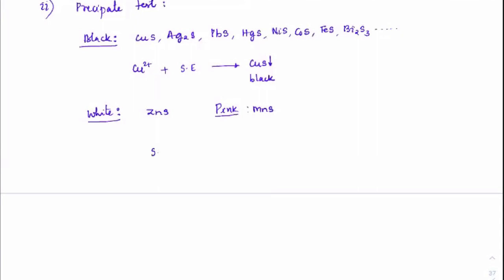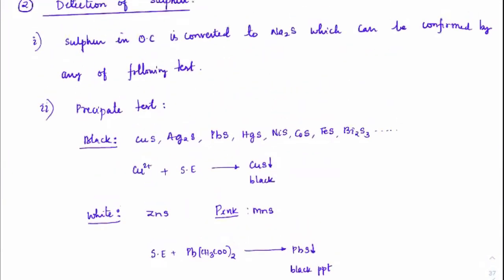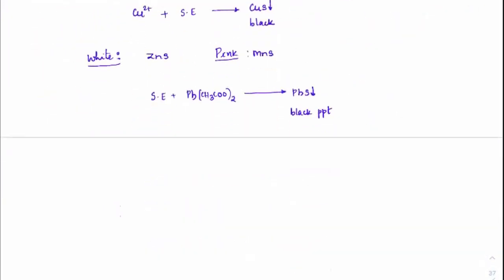And usually in labs, we take lead acetate, (CH3COO)2Pb. Lead acetate is a colorless liquid. We add it to the sodium extract to get PbS, a black precipitate. A black ppt is formed. So this confirms the presence of sulfide.